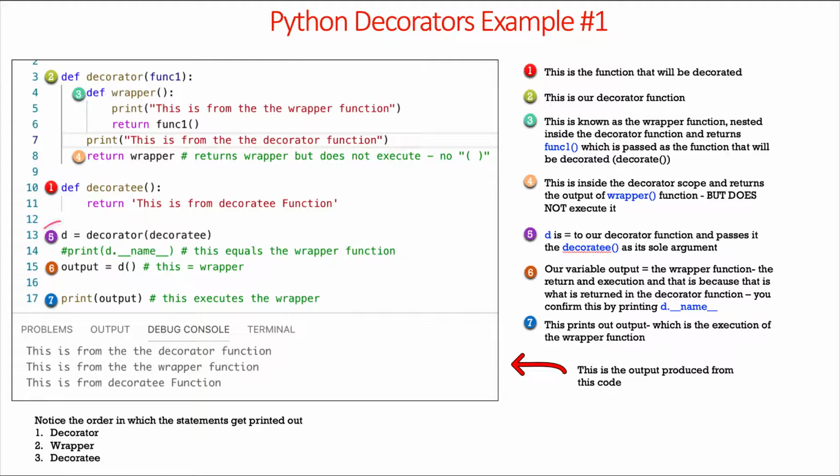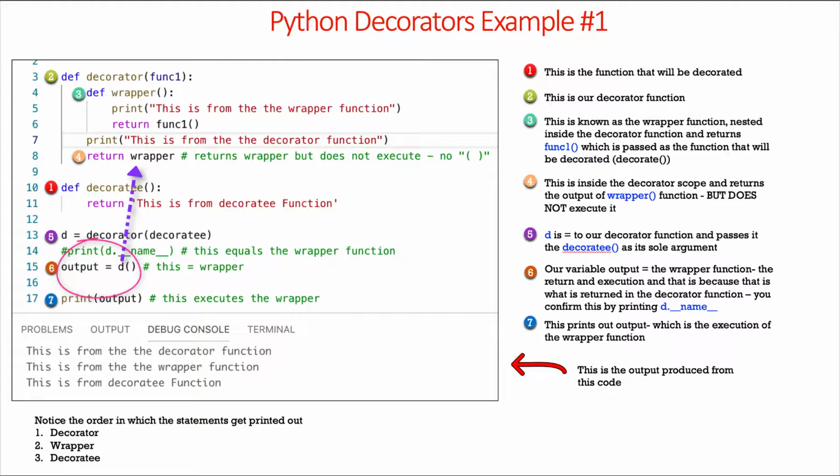And here d is equal to our decorator function and passes it our decorate function as its sole argument. Our variable output equals the wrapper function, the return and execution of this, and that is because that's what is returned in the decorator function itself.